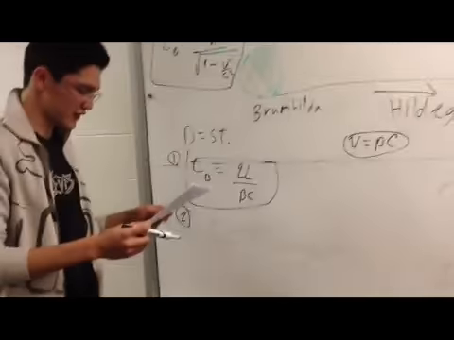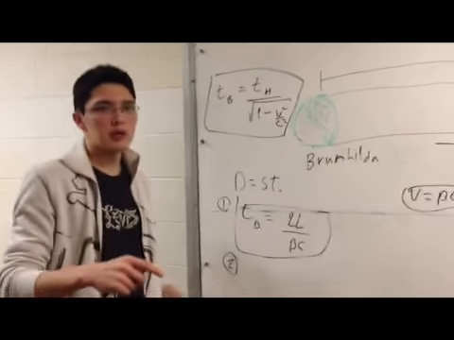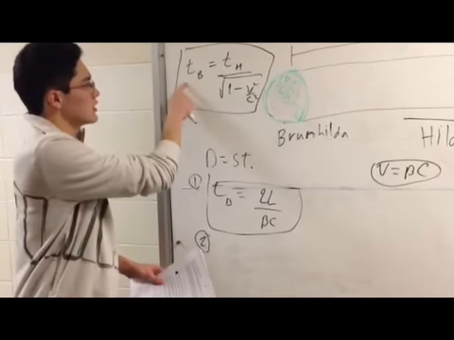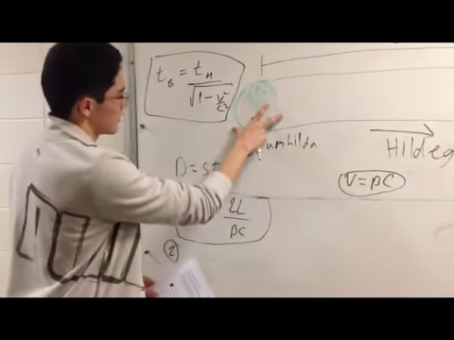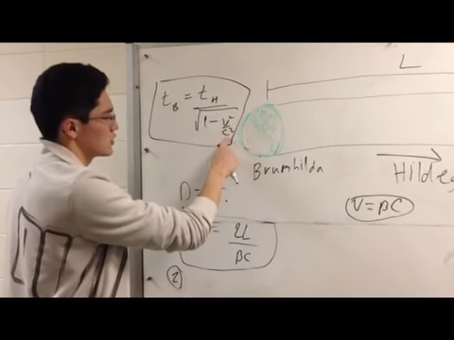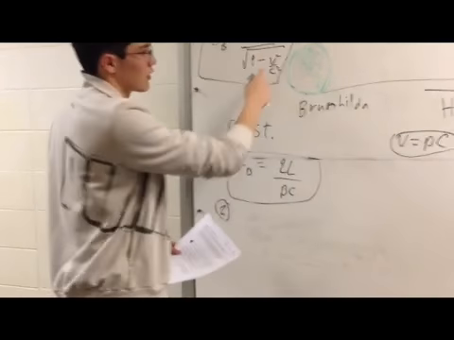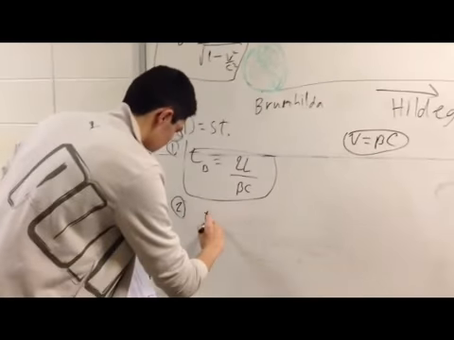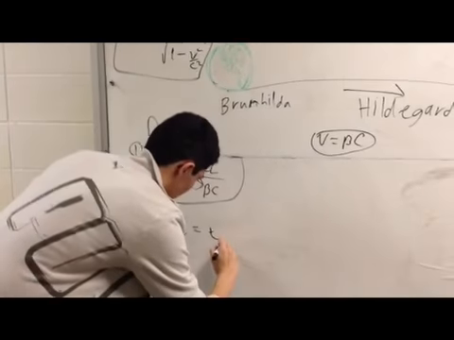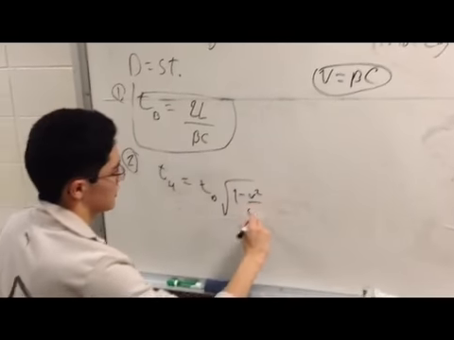Okay, so question number two asks for how much time passes for Hildegard according to Brunhilde. What we learned from class about time dilation is this equation: t in the initial reference frame is equal to t_H over the square root of 1 minus v squared over c squared. So we use this equation and solve for t of Hildegard. t_H equals time of Brunhilde times the square root of 1 minus v squared over c squared.